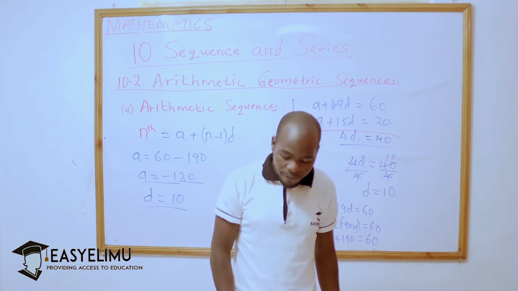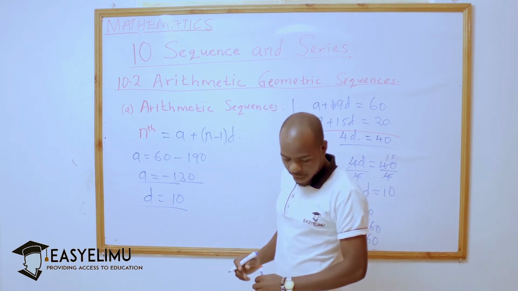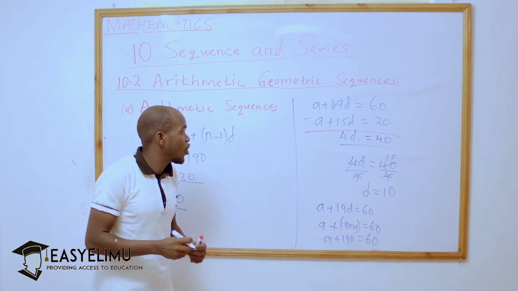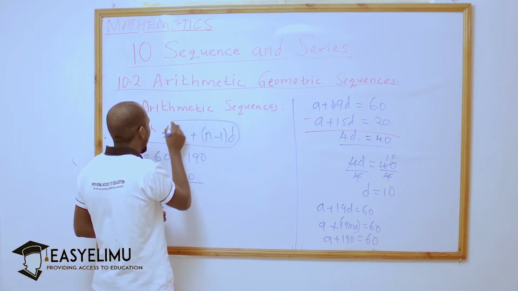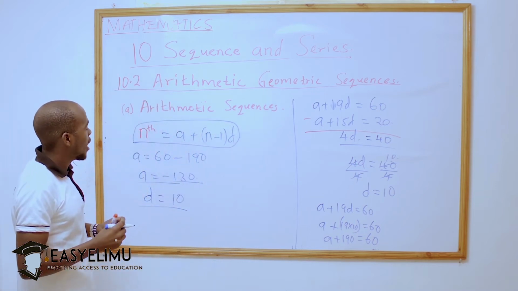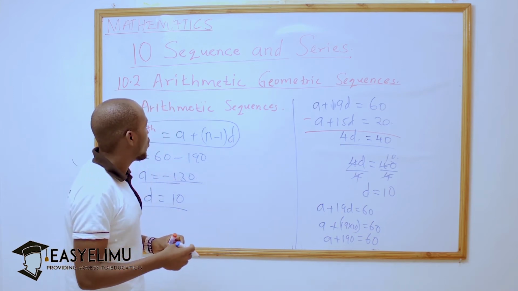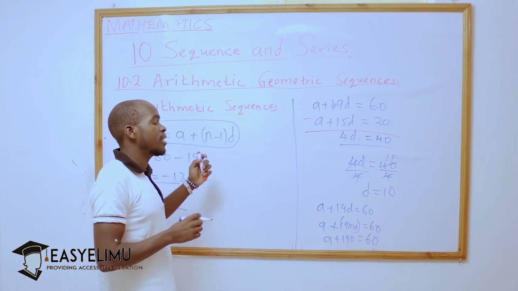So we have finally found out how to find an arithmetic sequence, and also how to use the formula for finding the next or nth term of an arithmetic sequence pattern. You will find any term in that sequence using this formula.